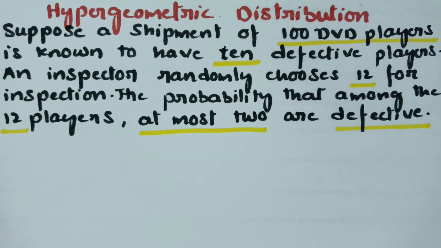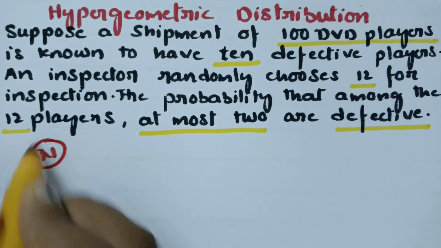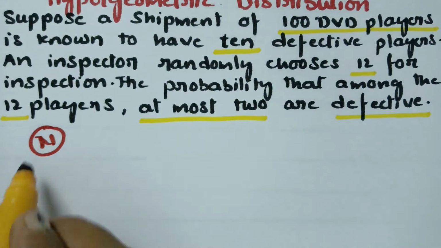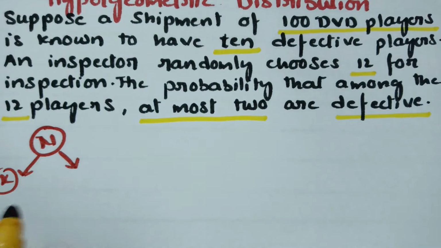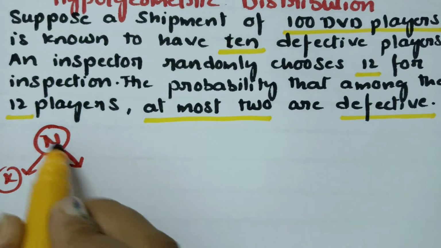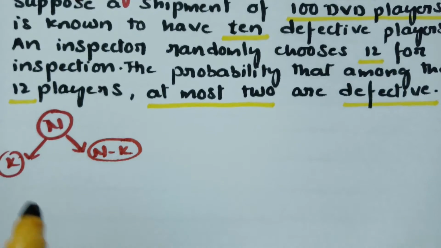So first of all, what is this hypergeometric distribution? If capital N is the total population, and if K is the total number of successes, then N minus K is the number of failures.